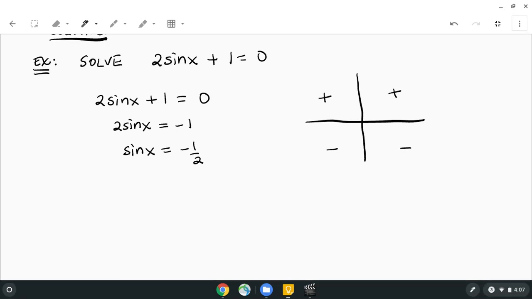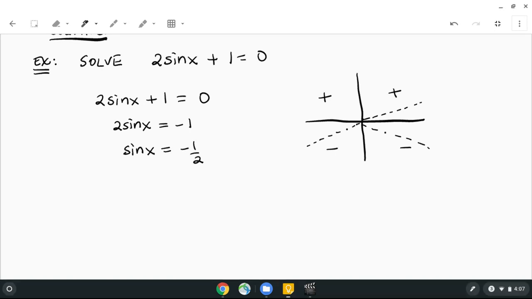We know that sine of pi over 6 is 1/2, but we don't want pi over 6, because it lands in quadrant 1, where the sine is positive 1/2. We want negative 1/2, so we want the angles that land here and here that have reference angle pi over 6.